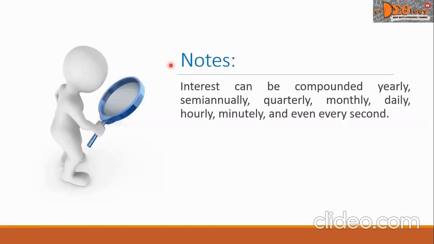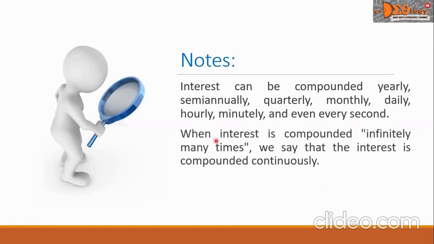There are notes here that says interest can be compounded yearly, semi-annually, quarterly, monthly, daily, hourly, minutely, and even every second. When interest is compounded infinitely many times, we say that the interest is compounded continuously.